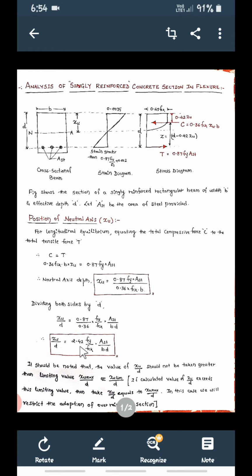This value comes out 2.42. This is 2.42 Fy upon FCK, AST upon BD.